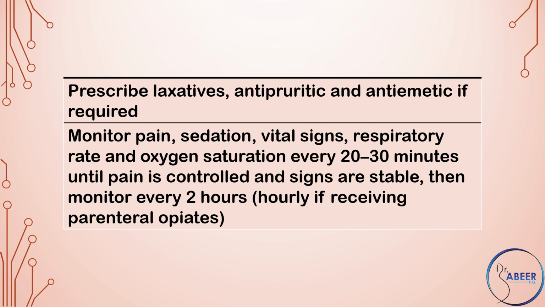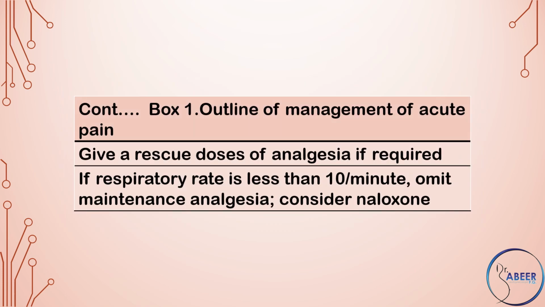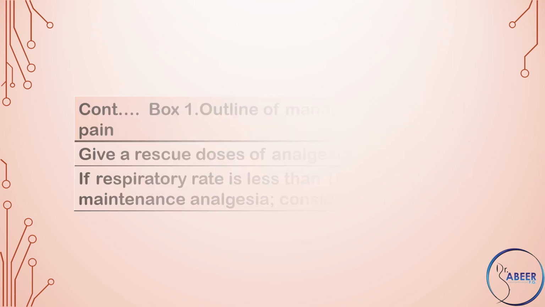Monitor pain, sedation, vital signs, respiratory rate, and oxygen saturation every 20 to 30 minutes until pain is controlled and signs are stable. Then monitor every 2 hours, hourly if receiving parenteral opiates. Give rescue doses of analgesia if required. If respiratory rate is less than 10 per minute, omit maintenance analgesia, consider naloxone.